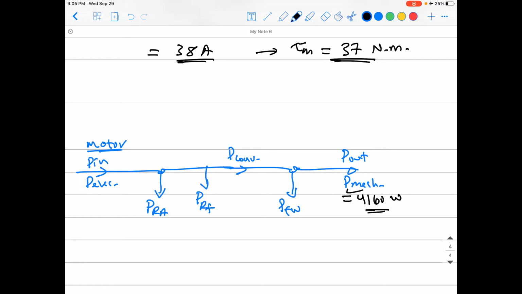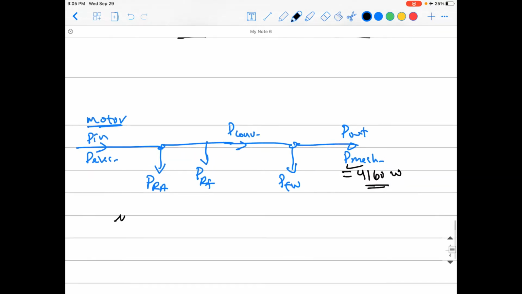And we need to find the efficiency. The efficiency eta equals P output over P input times 100 to get it as a percentage. So you already know P output, so all your goal is to find P input.